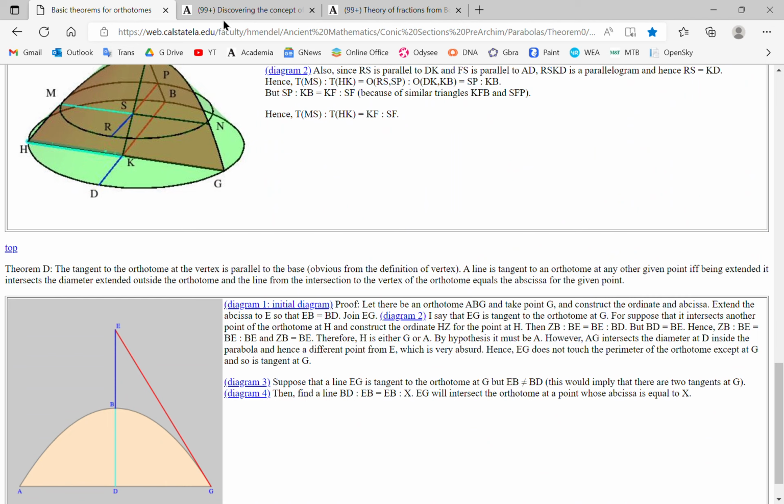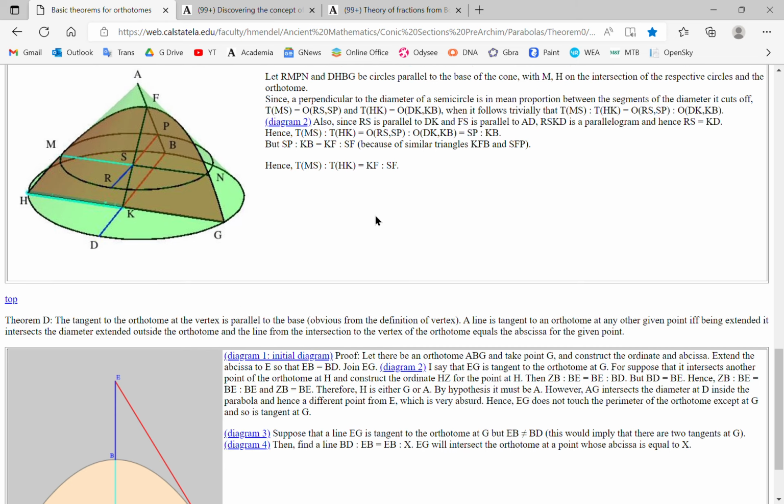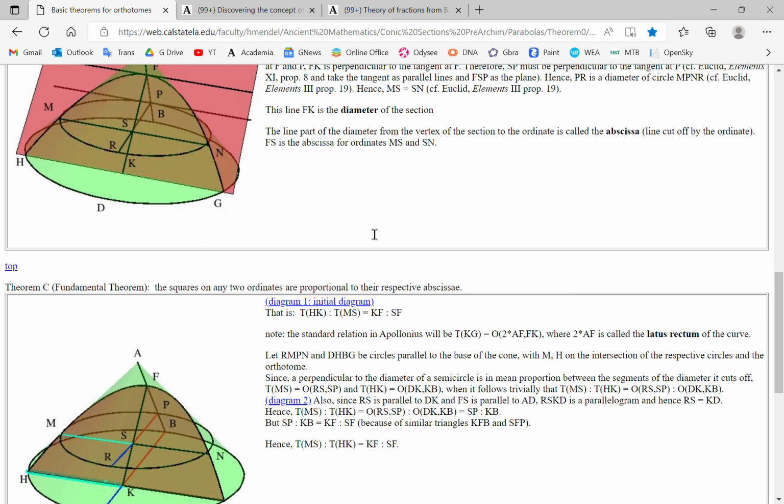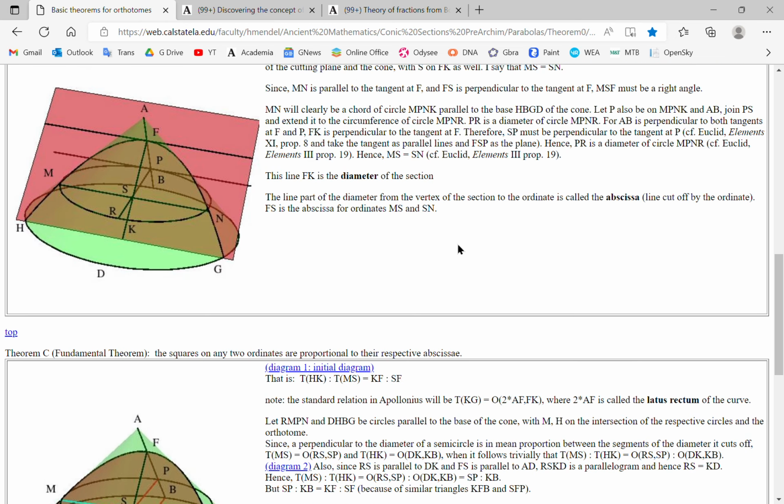What I'm about to tell you, what I've told you in proposition 1 and 2, have never been published, and what I'm about to tell you much later is also unpublished information, and probably how Archimedes or Euclid might have seen or understood those propositions.